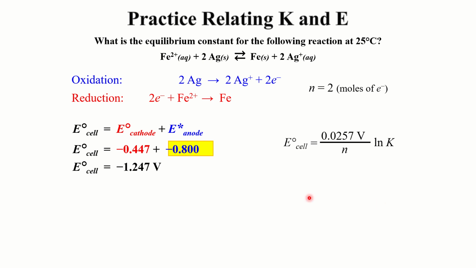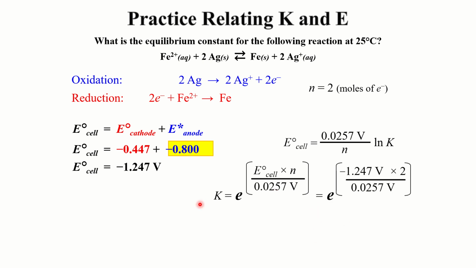Now we can use this equation, E naught cell equals 0.0257 volts over N times ln of K. Now we're trying to solve for K here, so if I take this equation and rearrange to solve for K, I should find that K is equal to e, the constant e, to the power of E cell times N divided by 0.0257 volts.